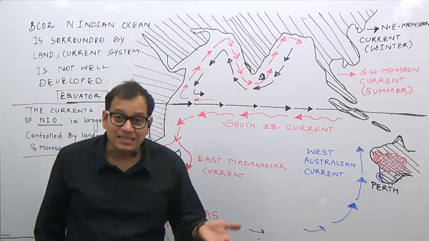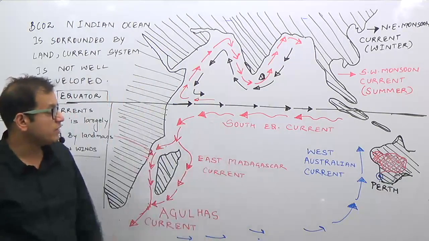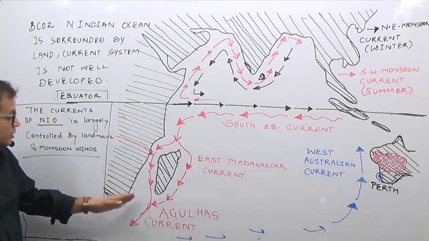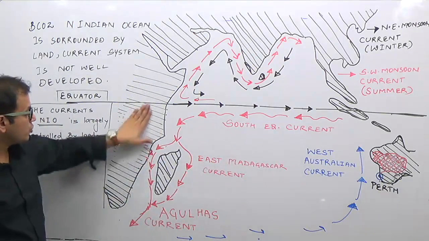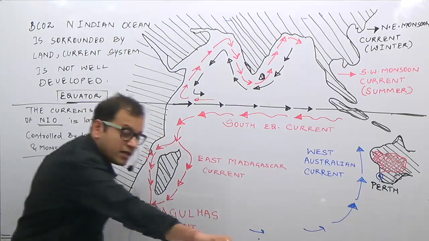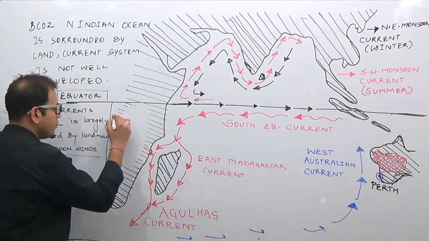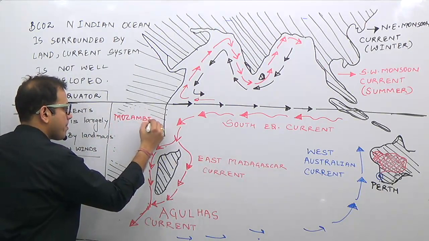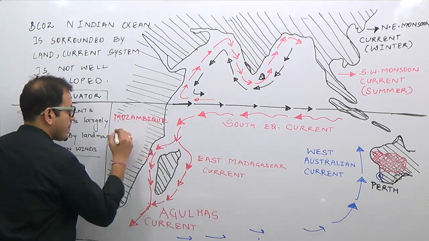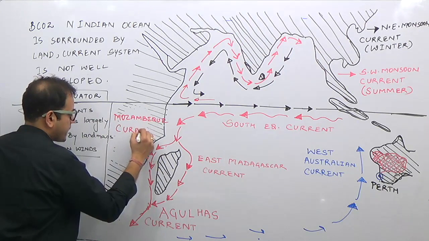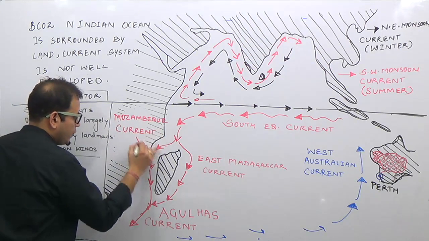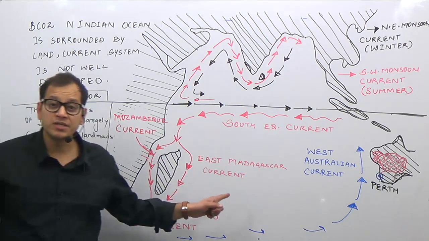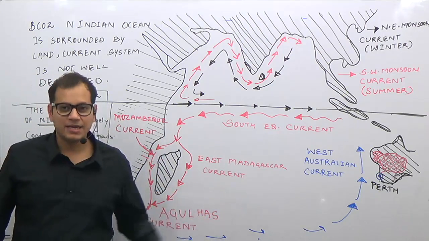While in the southern hemisphere there is a South Equatorial current. This South Equatorial current continues as a Mozambique current, which flows through the Mozambique channel, while one current which flows to the eastern side of Madagascar is the East Madagascar current.